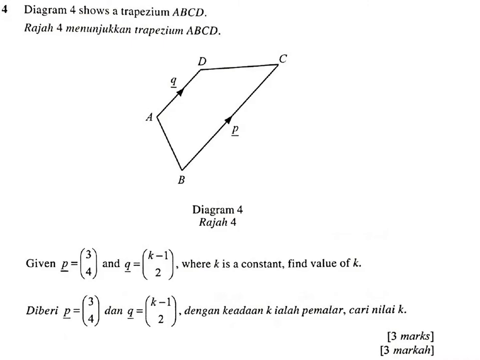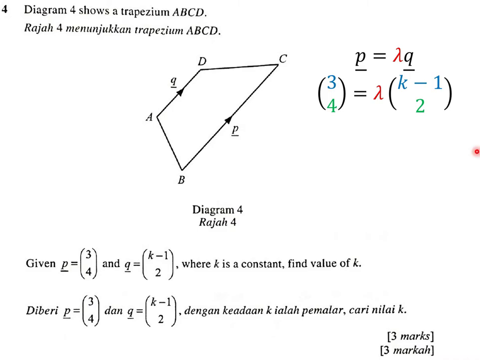I will show you the first method, which is adding lambda. When you add lambda, again, you can add it in front of P or in front of Q. So we add it in front of Q. Actually, it is the same either way. Next, we substitute the vectors inside, (3, 4) and (k minus 1, 2), and then we compare one by one.